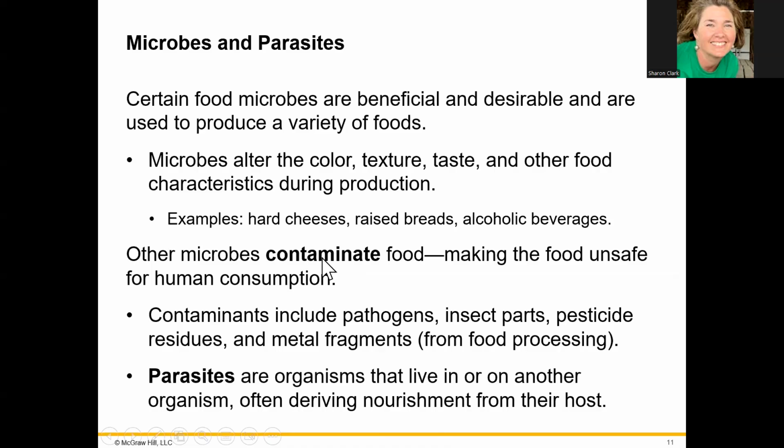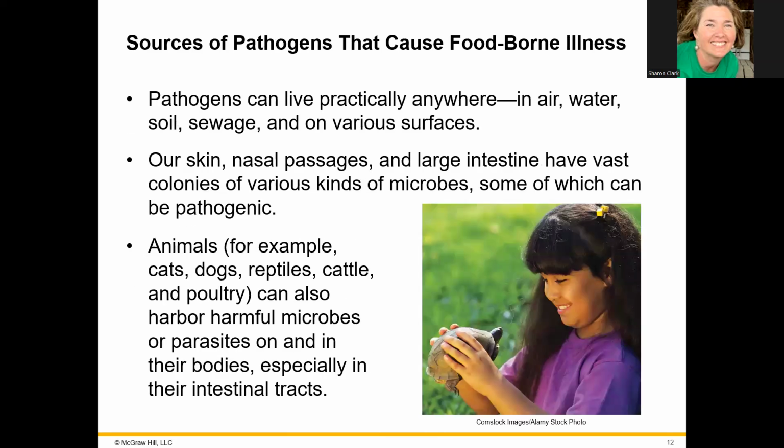And just make sure that contaminants can be both pathogenic, they can also be physical components like plastics in foods or metal shavings in foods, or it can be insect parts or pesticides and chemicals that can also contaminate the foods. So I'm sure we've all opened up a can of something at one point or another and looked at it and said, "Ooh, what's that?" Okay, it happens. So just be on the lookout for that.